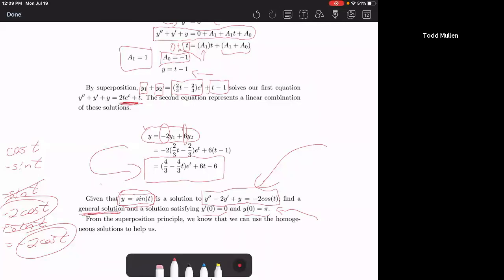Now, y equals sine t, that's not a general solution because that's a particular solution. There's no constant values like c1s and c2s. This is a very particular answer. But the superposition principle is going to help us here because we know that we can use the homogeneous solutions to help us.